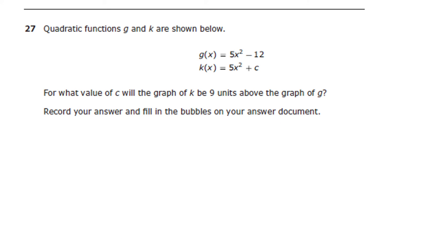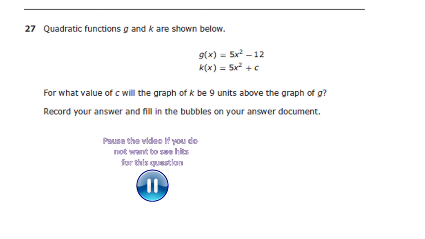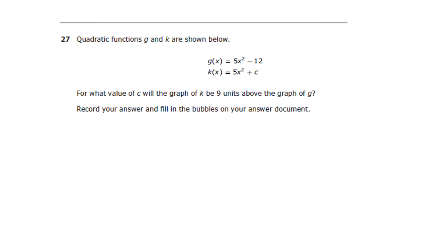Number 27, talking about quadratics. Pause the video if you don't want to hear any hints. This concept came from day 14. Alright, so first off, there's 2 ways to do this question.